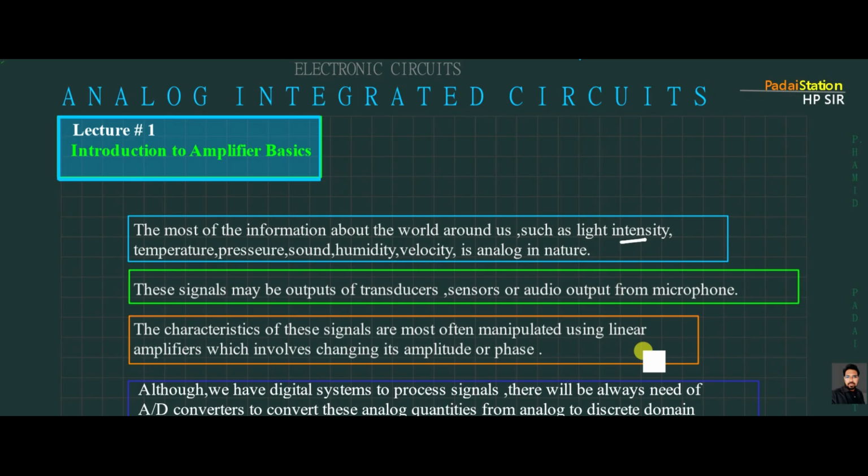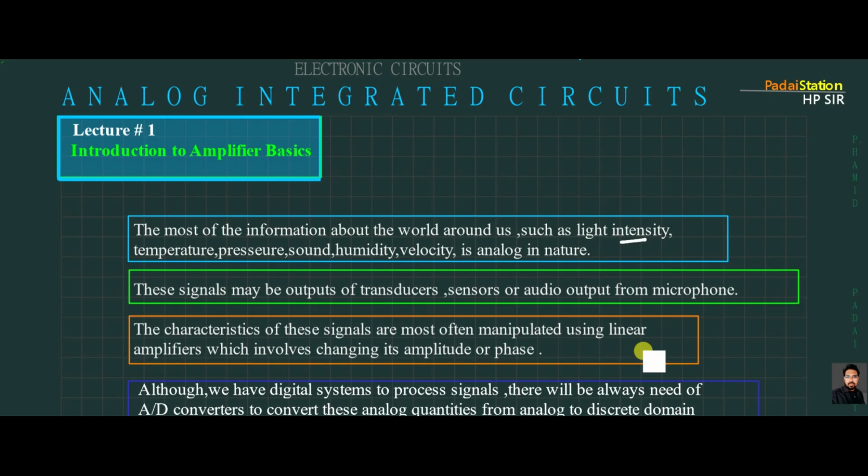But to detect these physical quantities, to convert these physical quantities to electrical signal, electrical voltage, or the discrete nature or digital systems, we need front end electronics, and this operational amplifier is an integrated part of front end electronics.